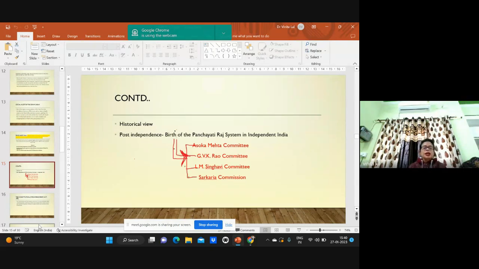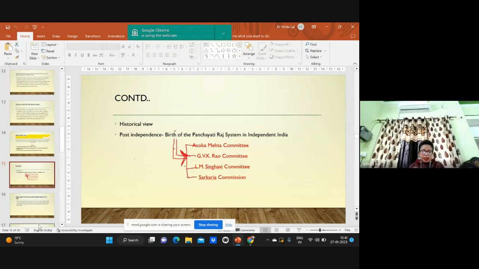Now the second one, GVK Rao committee, was set up around 1985 and asked to look into the administrative arrangement for rural development and the role of panchayat bodies and their relationship with the administrative setup. Some major recommendations of this committee are: one, the district level body, that is Zila Parishad, should be strengthened, and there should be subcommittees at the district level with proportional representation.